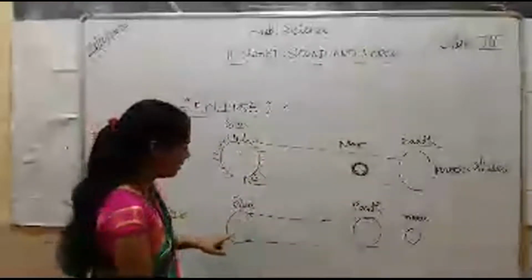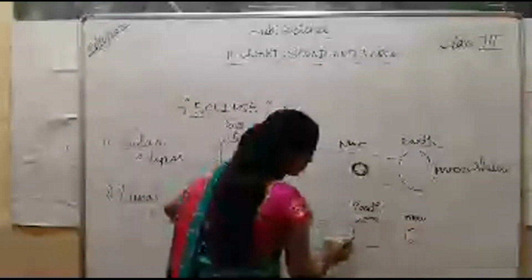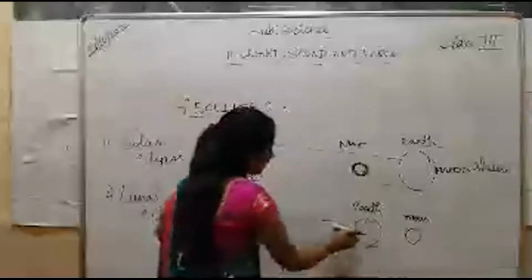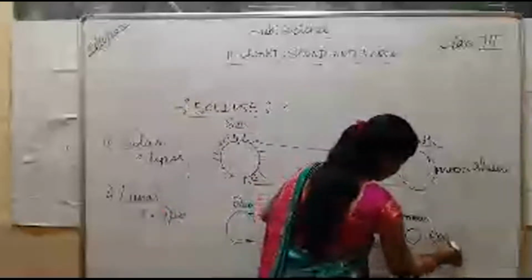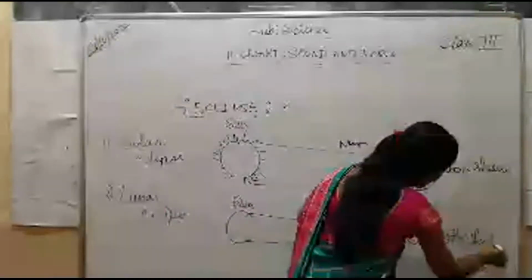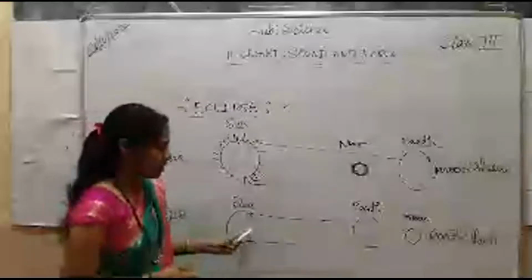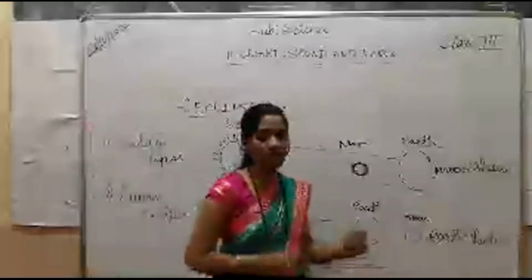In a lunar eclipse, if the earth comes in between the sun and the moon, its shadow is formed here, and we can see the earth's shadow on the moon. At that time, in a lunar eclipse, the moon will not be visible.